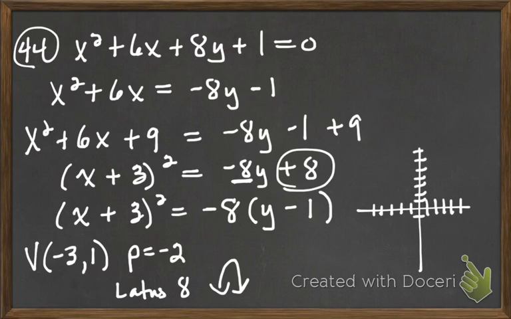Probably one of the most common mistakes is that people forget to cut that latus rectum in half, and they end up making it twice as long as it's supposed to be. But remember, it's got to be a total of 8 units, so you've got to move 4 and 4 to get 8.